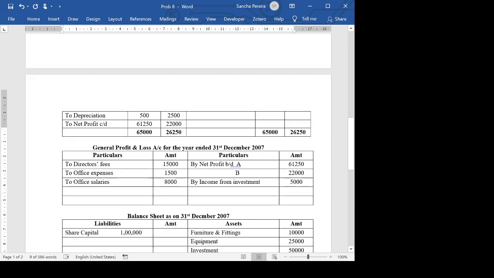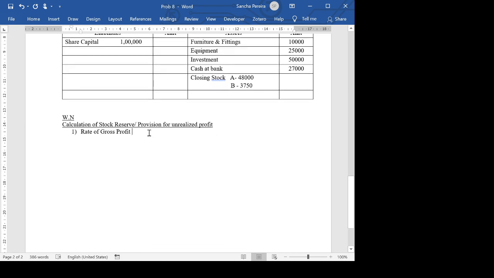Now there is a formula here. The formula is rate of gross profit is equal to gross profit upon sales into 100.